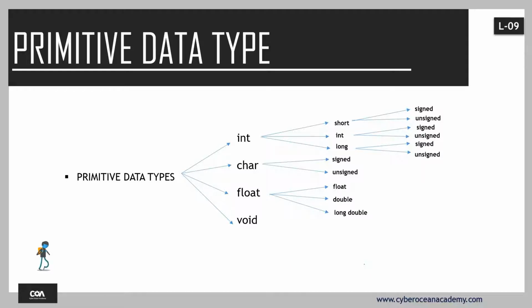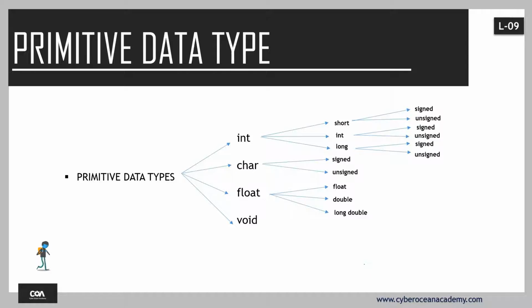If you want to specify the parameters of a function, that is the arguments of a function, and it takes no arguments, then you can use the void data type there. If you want to create generic pointers, you can use the void data type there. Pointers and functions are different chapters in C programming. We will discuss them in detail there, so don't worry about the void data type. We will discuss the void data type in those chapters in detail.